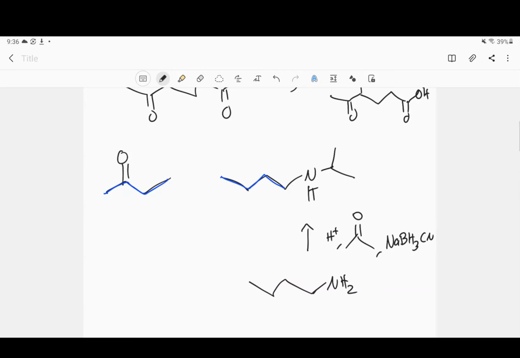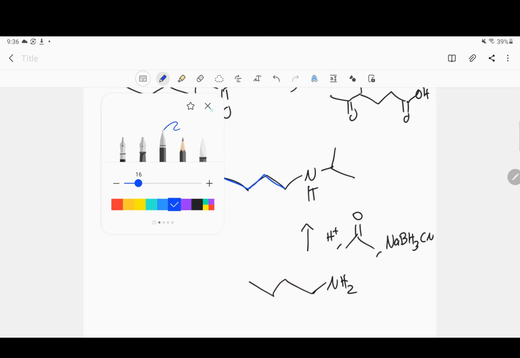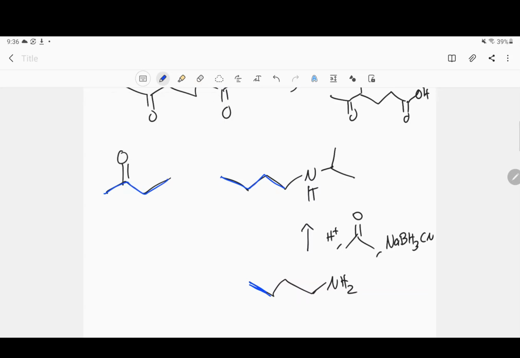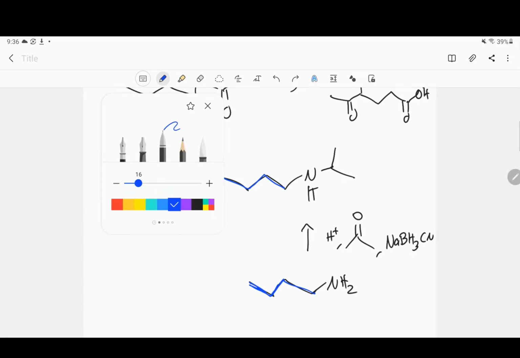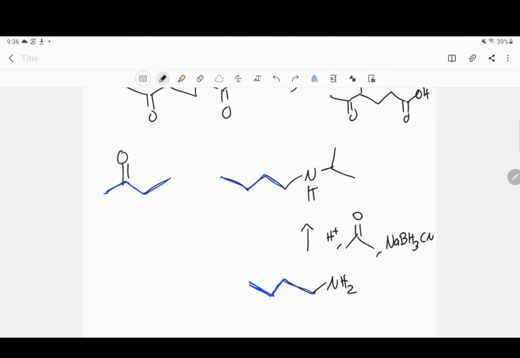So now we're left with the blue part, our original molecule. We have to think, how are we going to move that ketone from carbon 2 to get something on carbon 1 that we can make an amine out of?